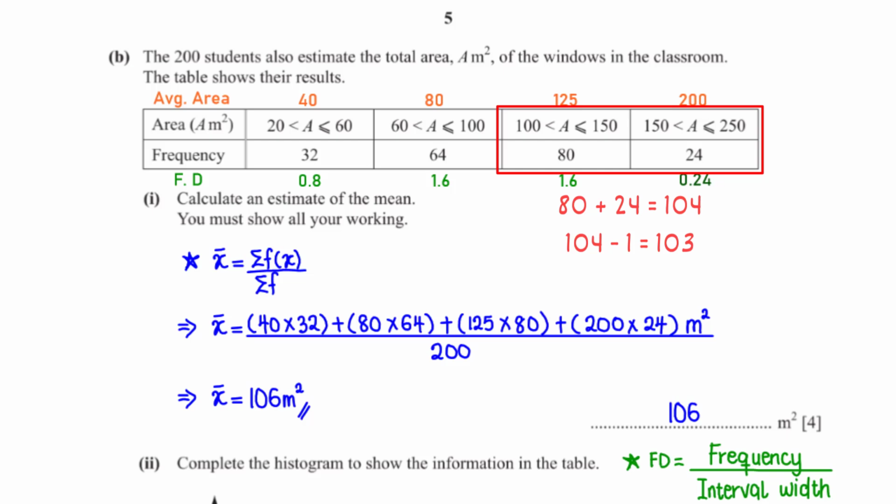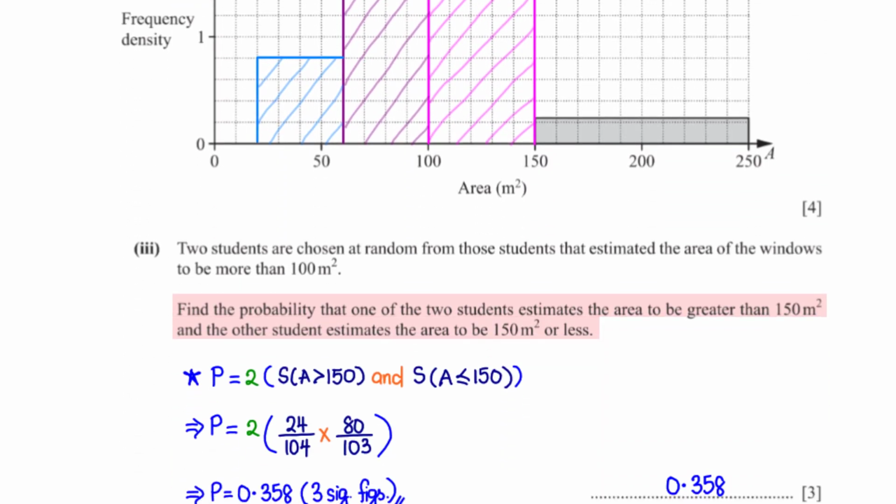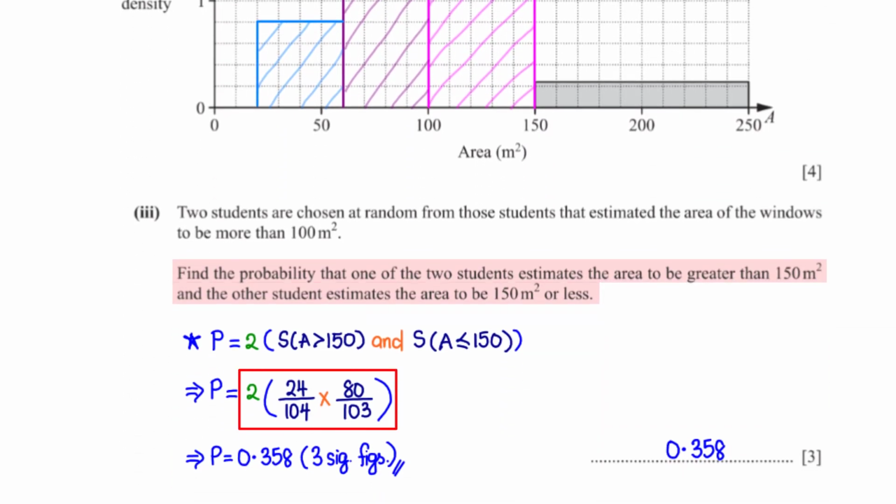And so the probability that the second student estimates an area of 150 meters squared or less is equal to the number of students who estimate an area of 150 meters squared or less, which is 80, divided by the total number of students, which is now 103. When we type this into the calculator, we get 0.358 rounded to 3 significant figures.